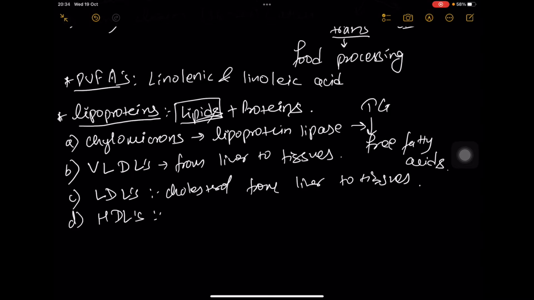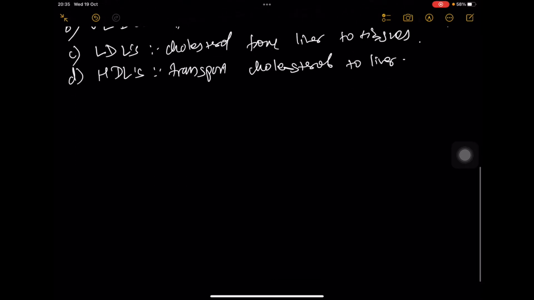They are synthesized in the liver and their main work is to transport cholesterol from various tissues to the liver. So if there is any atherosclerosis in blood vessels, or any lipids accumulating in these blood vessels, then they will carry this to the liver. So this is the basic about lipoproteins.